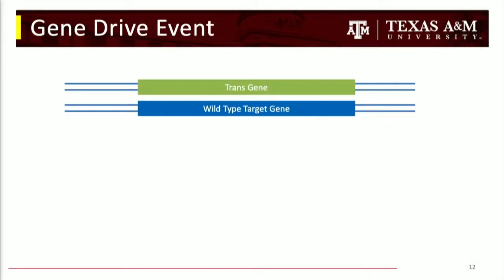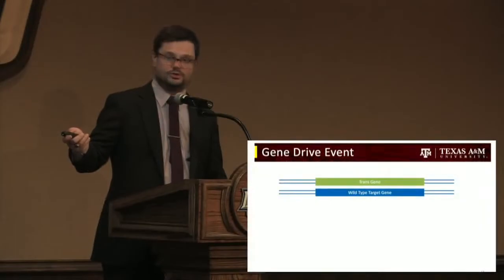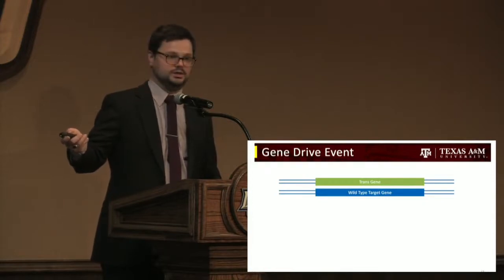So the way that the gene drive event happens is the homologous recombination. So we have this transgene that we've inserted, and this is the hybrid male that we're looking at. And so part of this transgene is some sort of nuclease that actually attacks the wild type version, or the wild type allele.